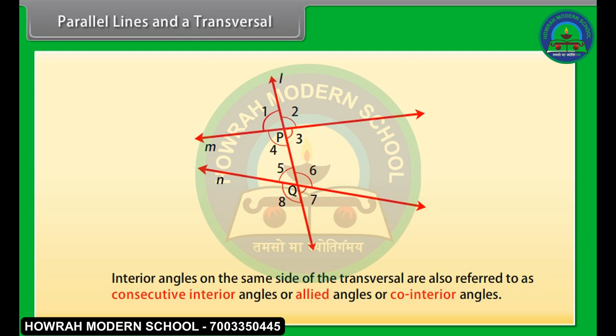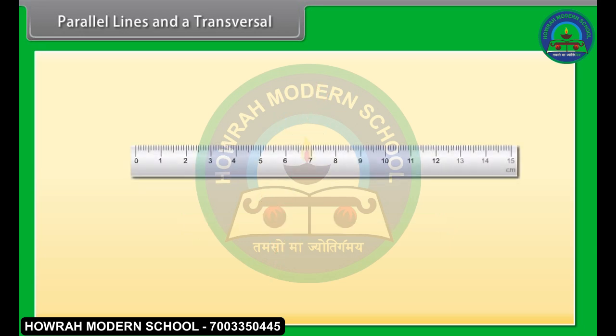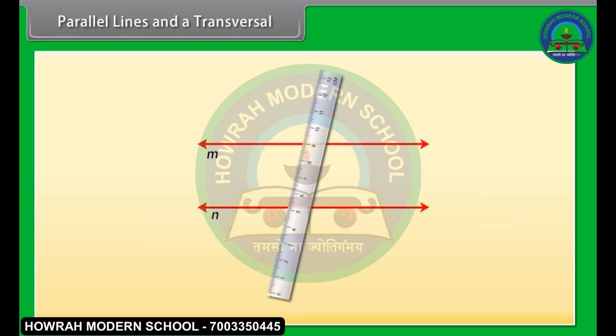Interior angles on the same side of the transversal are also referred to as consecutive interior angles or allied angles or co-interior angles. Now let us find out the relation between the angles in these pairs when line M is parallel to line N. So, with ruler and pencil, draw two parallel lines along any two of these lines and a transversal to intersect them.